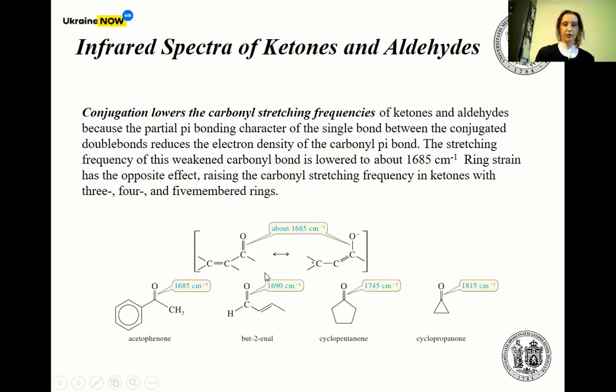The same, if we have conjugation of the carbonyl group with a double bond, this stretching signal is shifted to lower numbers. If we have conjugation with an aromatic ring, the same, we have shifting to lower numbers.